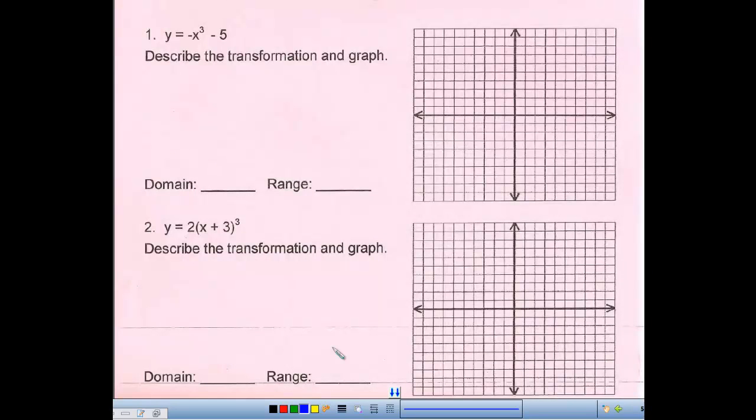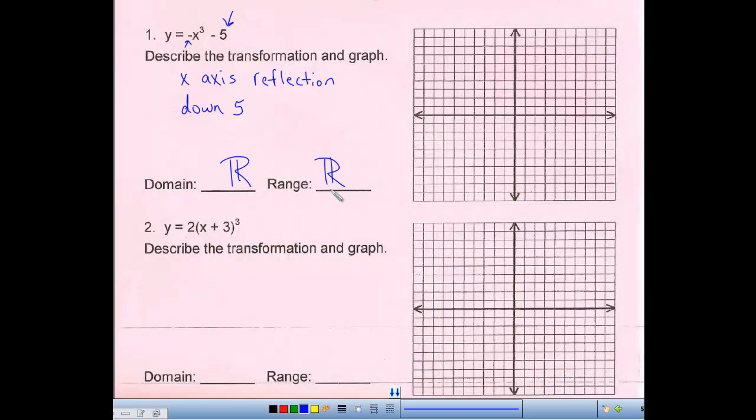Now let's describe the transformation and graph our new cubic. This negative sign out front tells me that this is an x-axis reflection. The -5 tells me we are translating down 5 units. The domain and range will be easy because they will be all real numbers.